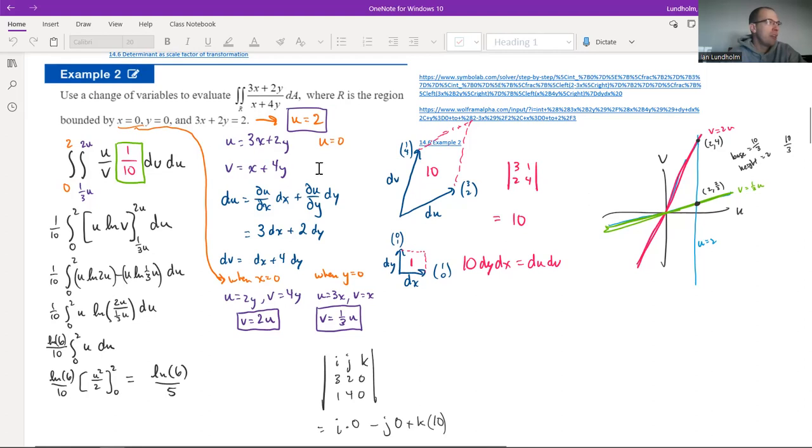integrating with the lower function as v equals 1/3 u, which happens when y is equal to 0, up to the function v equals 2u as the upper bound, which happens when x is equal to 0.